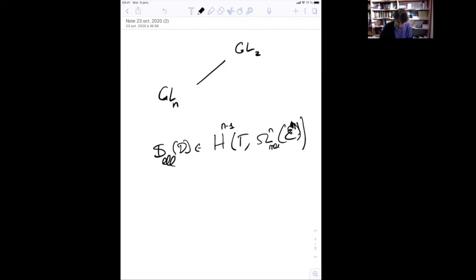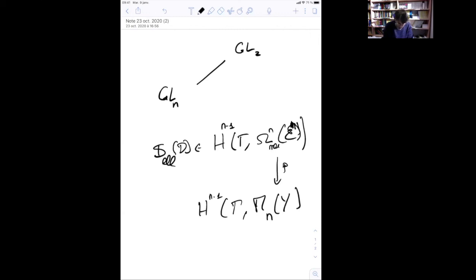Now here I can evaluate at a torsion point. You have to be precise about where to take the torsion point, but there are some torsion points where you can evaluate, and then what you get is a cohomology class with values in meromorphic modular forms of weight n on the curve.